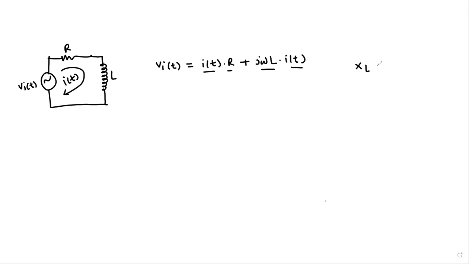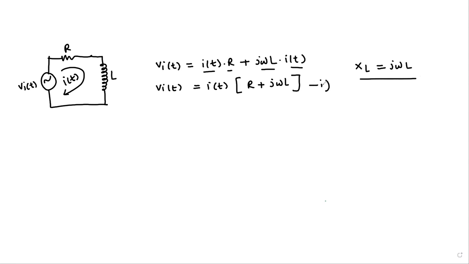So here XL is nothing but the reactance of the inductor. With this we can write Vi of t, I of t can be taken out, and here we have R plus j omega L. So omega is the frequency, L is the value of the inductor, and that's how we write this equation.